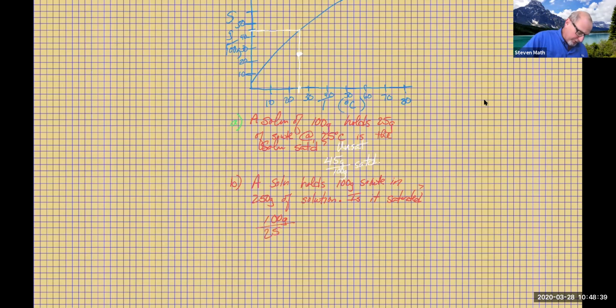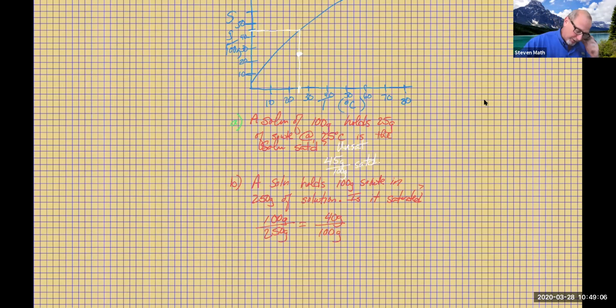Well, now if I grab my calculator here, what I have is 100 grams in 250 grams. Well, I need to know what that is in 100 grams to max that out. So this would be 40 grams per 100 grams.